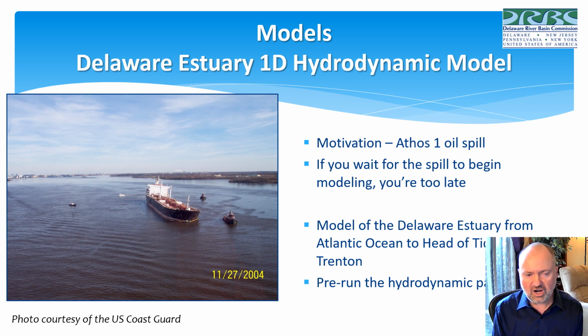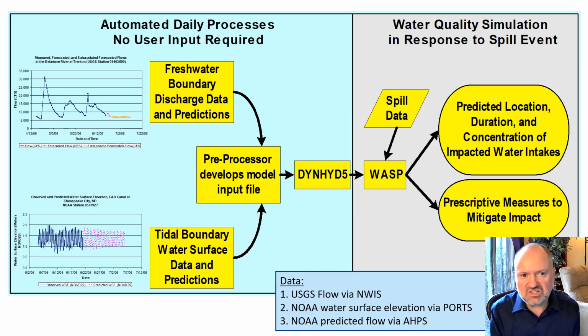So we wanted to figure out what parts of this process we can do before any spill has occurred. And what we realized is that we can actually do the hydrodynamic model before any spill happens. And so that is this. What we do is we pull non-tidal boundary data from the Delaware River at Trenton and the Schuylkill River at Philadelphia.